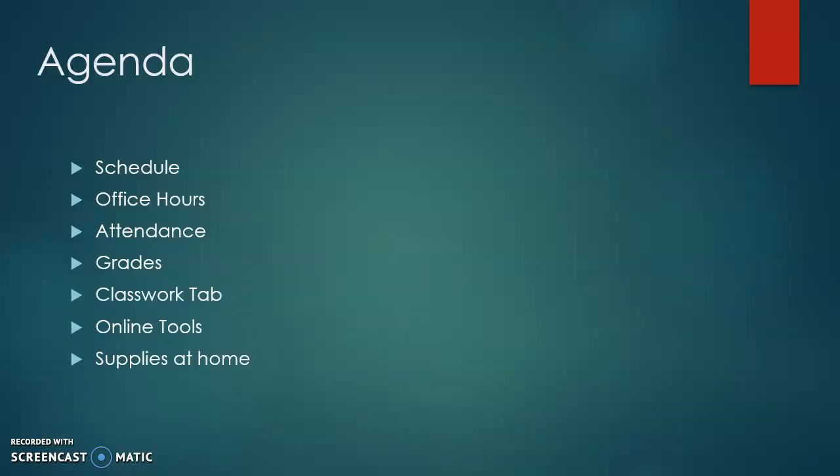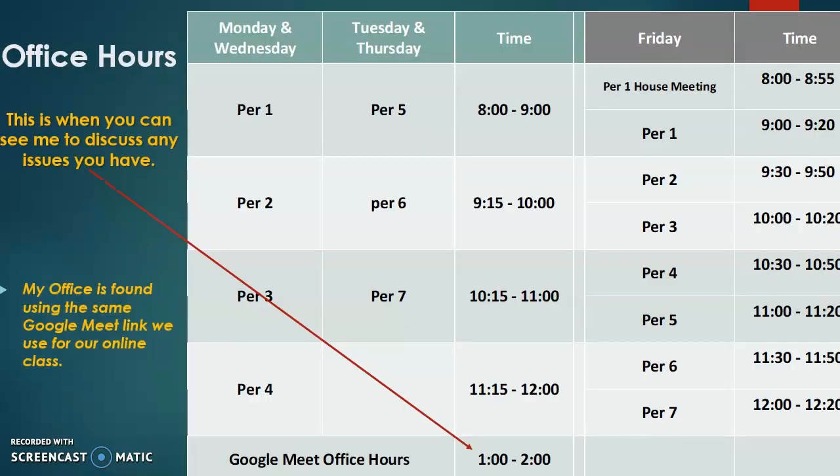So we're going to be in this PowerPoint. You're going to look at agenda, office hours, attendance, grades, work tab, online tools, and supplies at home. So here's our schedule. And I'm going to begin with my office hours.